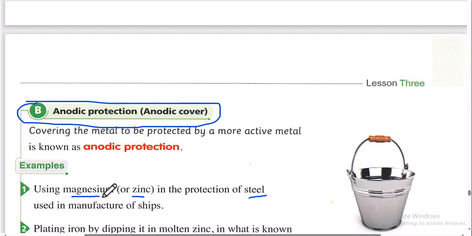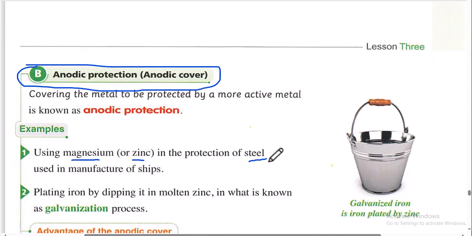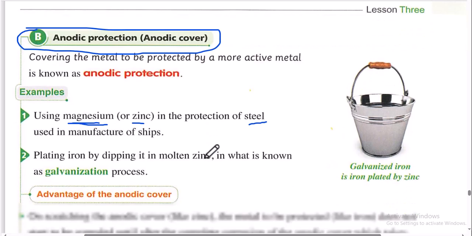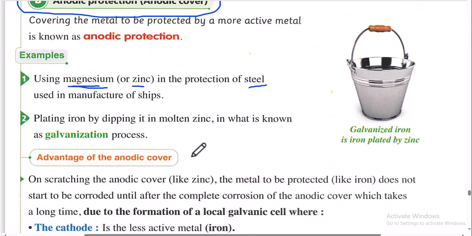So a local galvanic cell is formed, and magnesium or zinc is corroded first, then iron, as magnesium or zinc acts as an anode and iron acts as a cathode. Magnesium, for example, will release electrons, so it is oxidized instead of iron.